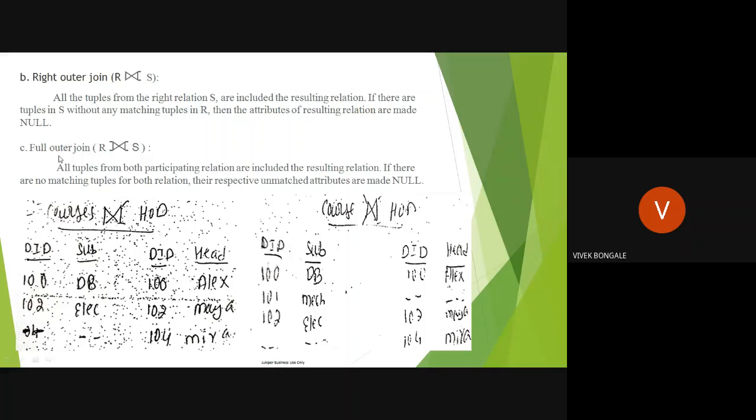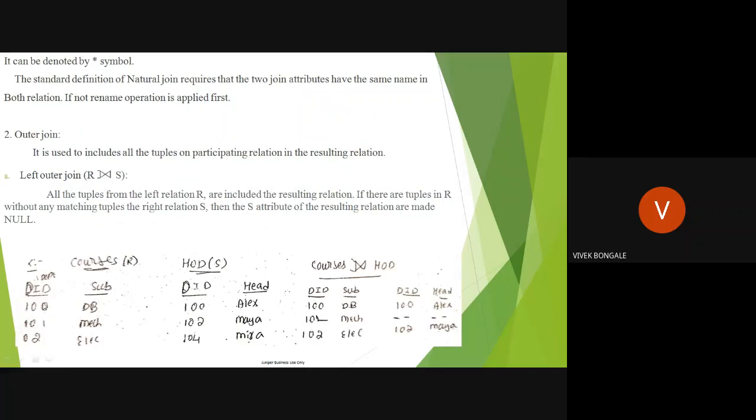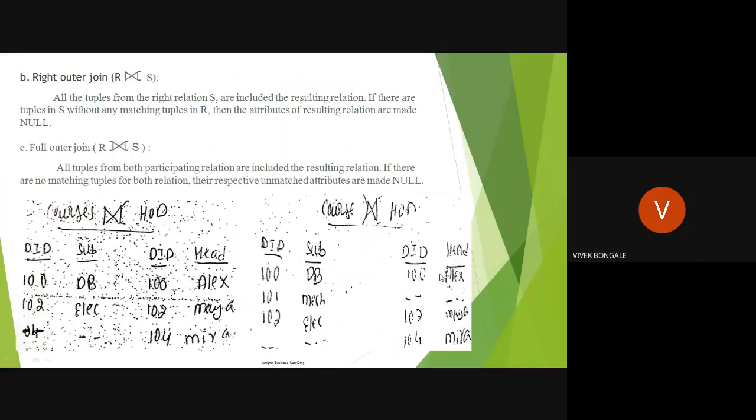When it comes to full outer join, we compare in both directions, and wherever the comparison is not found, we place a null value on either the right or left side. That we say is a full outer join. Example, the same thing: we start from 100, database, so this equal value is 100 database, 100 Alex.